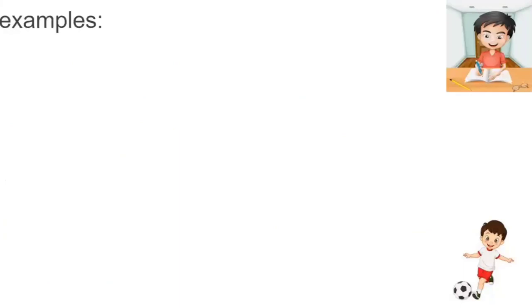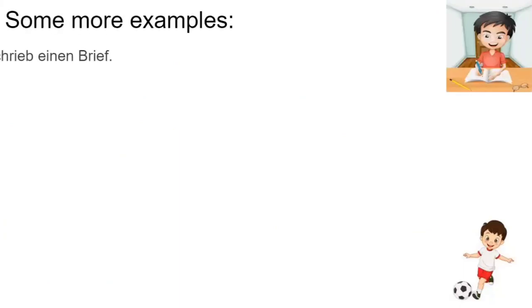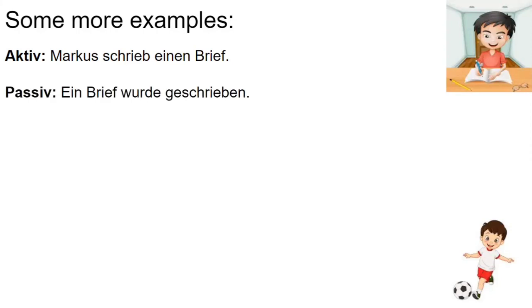Now we have some examples. So Markus schrieb einen Brief. Passiv: Ein Brief wurde geschrieben. Now, Leon spielte den Fußball.